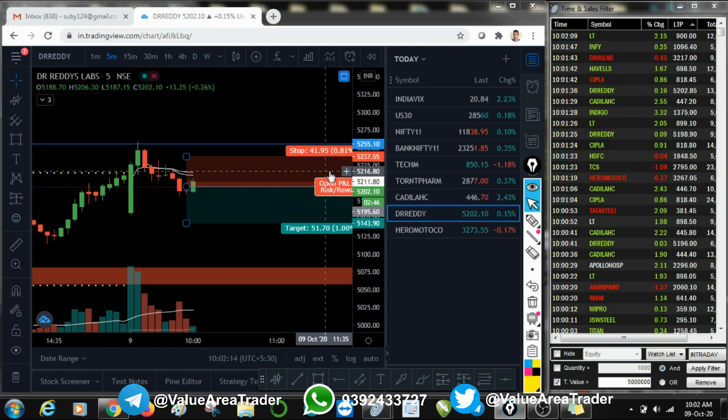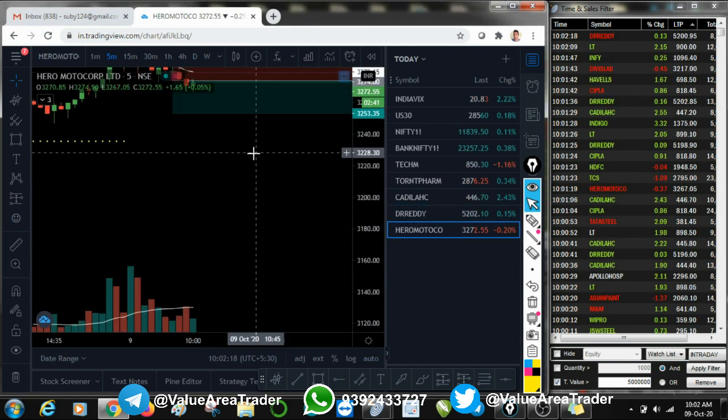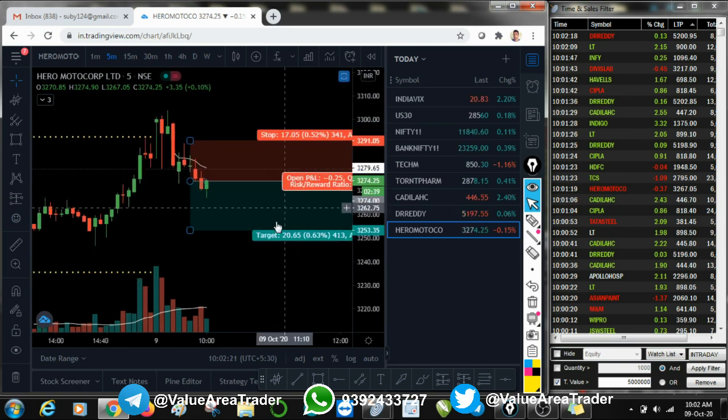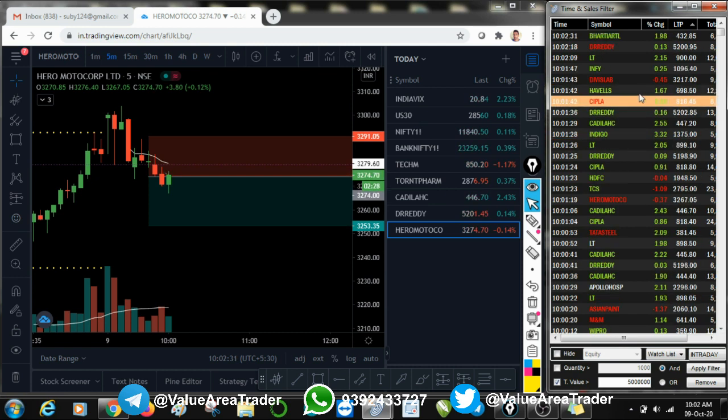Now let's go to Hero Motoco. A small reversal is also happening in Hero Motoco. Anything else? 2 crore 30 trade in TCS, Cipla, Dr. Reddy, Cipla, Havells 1.61%, Divis Lab.